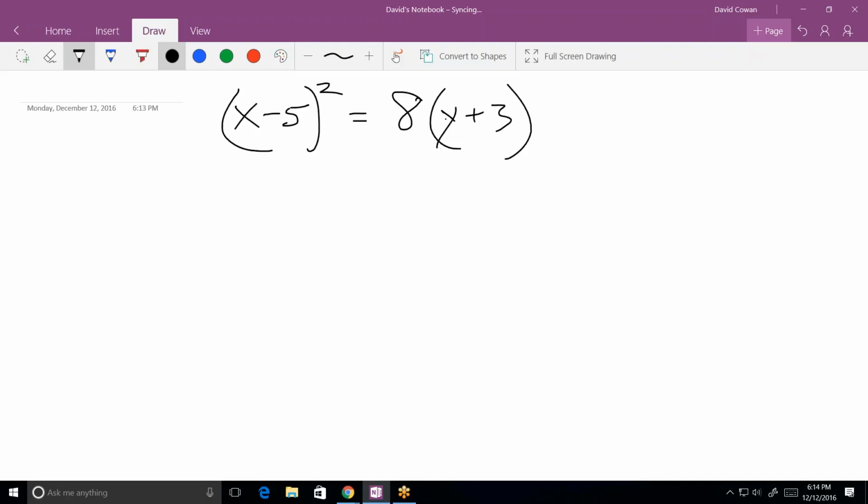Is that all you have to do, graph it, or do you have to find the foci, directrix, and all that good stuff? Yeah: vertex, focus, directrix, and the latus rectum.